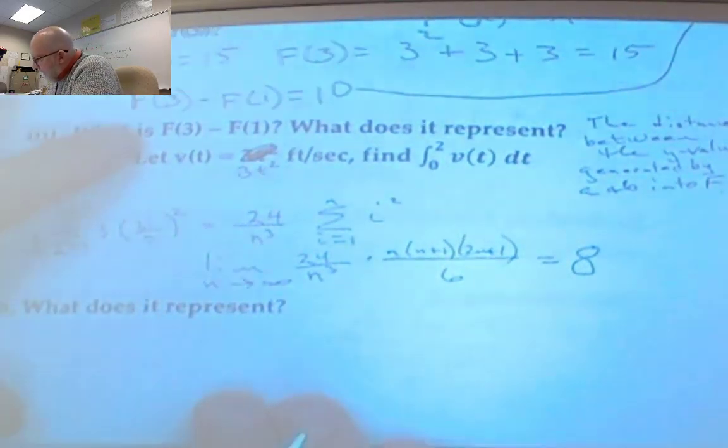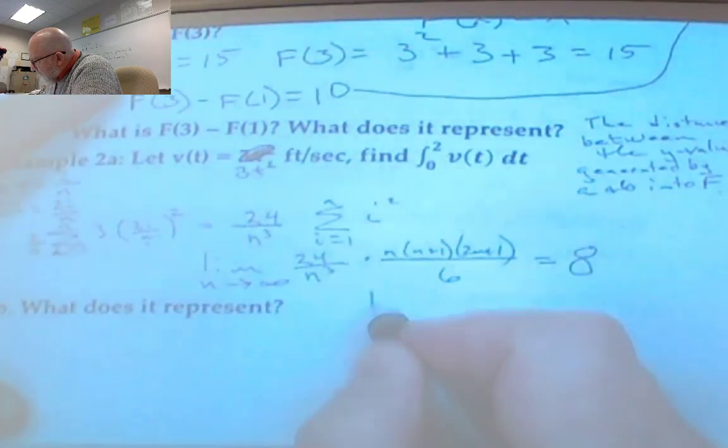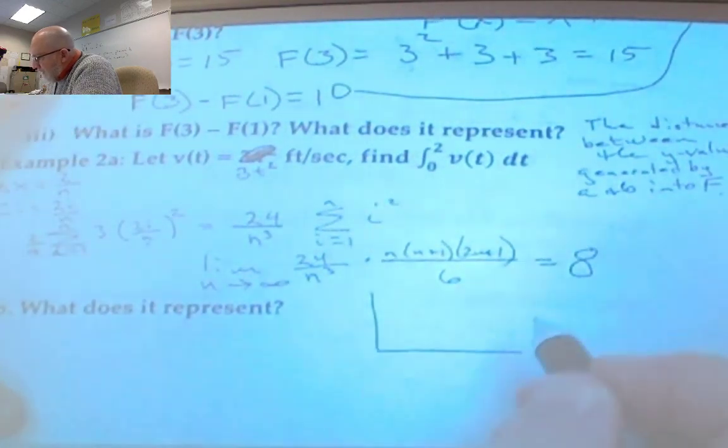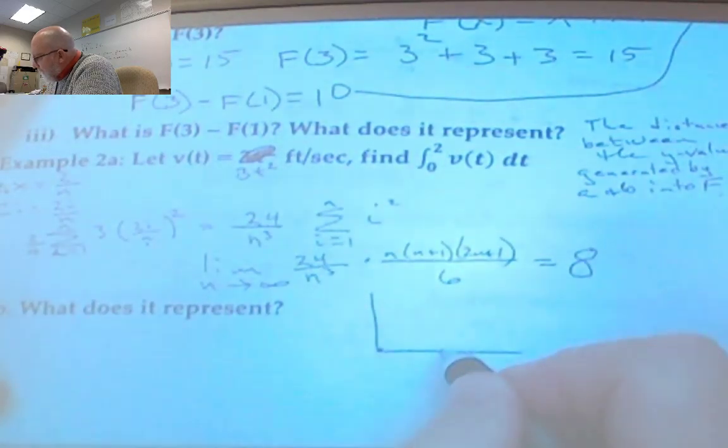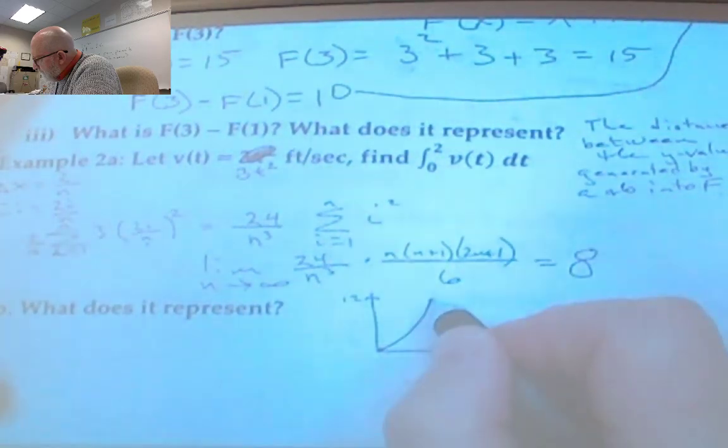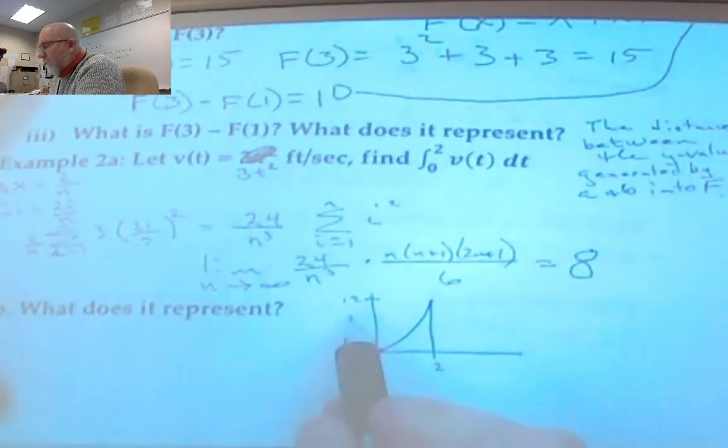Okay. This curve looks like this. When I put 0 in here, it's at 0. When I put, what do we go to, 2? We're up here at 12. What are my units over here on the y-axis, Gabby?